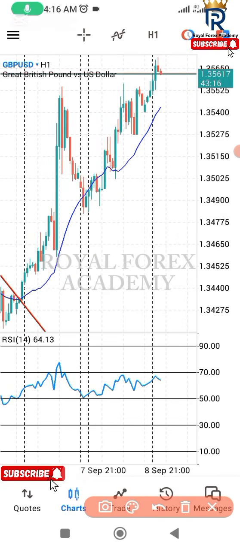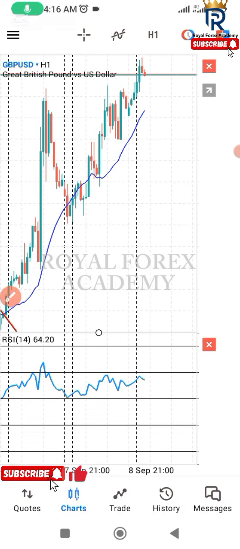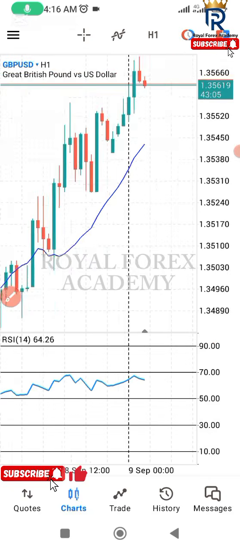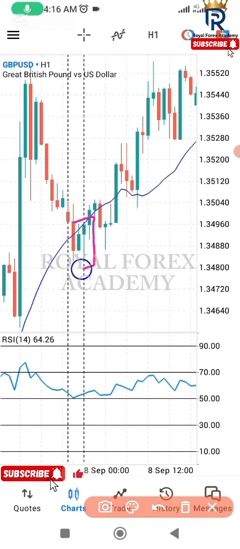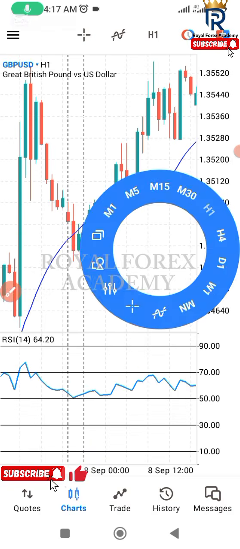Look at this again. Price pulls back towards it. We have this pin bar. Let me zoom out a little so you can see that this works across all. This is a pin bar. Look at RSI above 50. That is your entry. When price approaches 70, you close your trade.